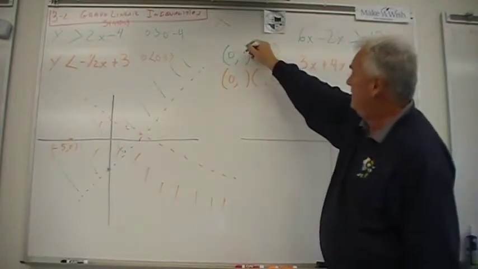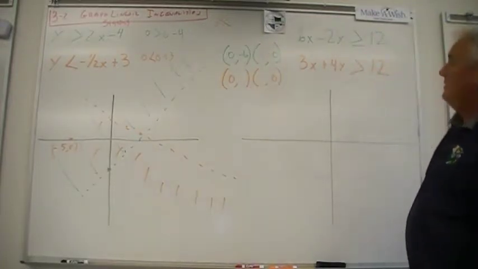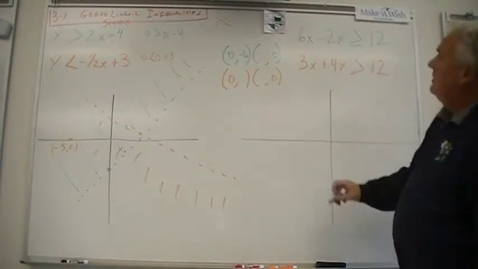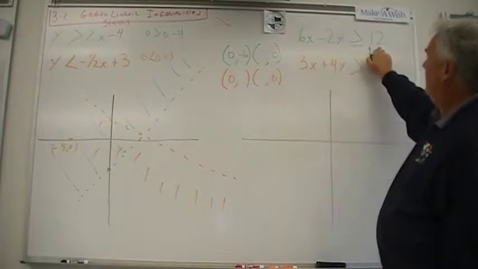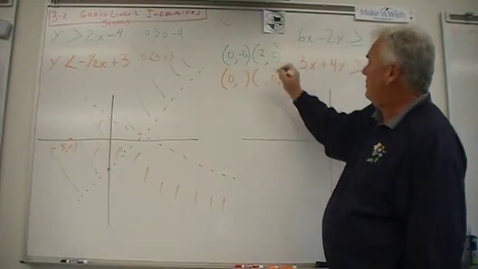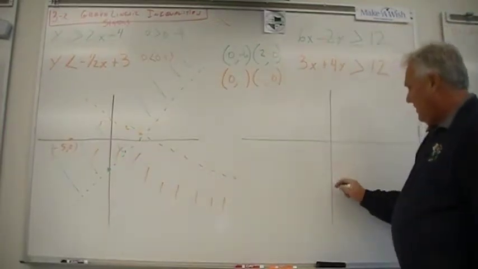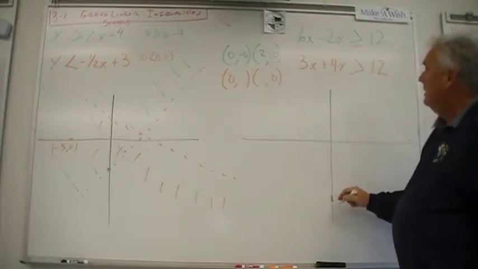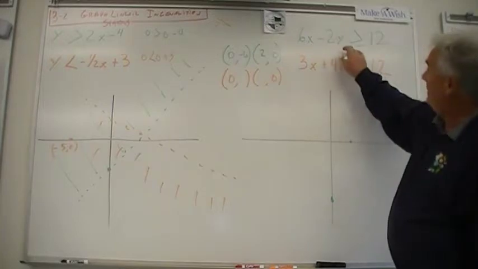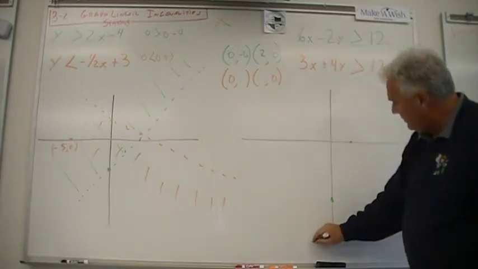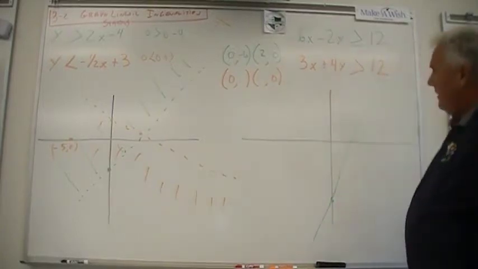So that means this is going to be negative 6. Substitute in 0 for y. 6x equal to 12 there. That's a 2. So 0, negative 6. And then 2, 0. And it's greater than or equal to, so it's a solid line that will look like that.